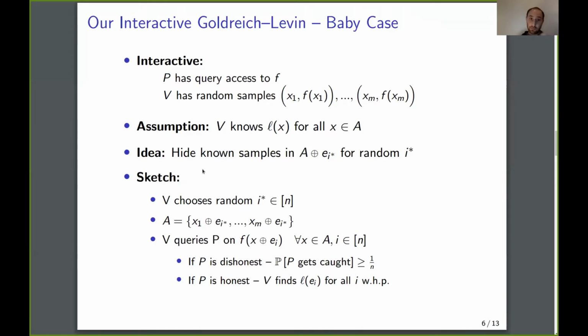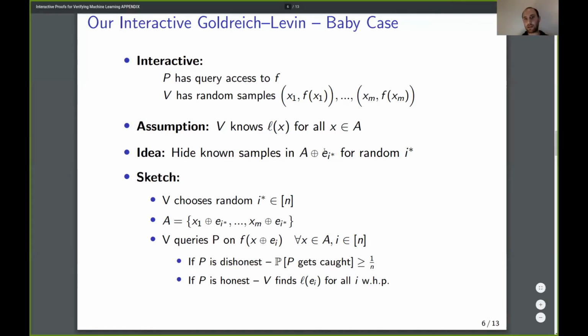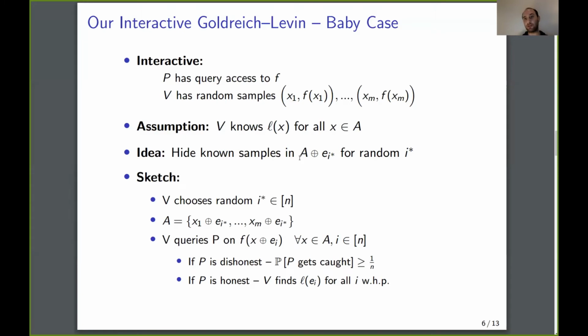Okay, so in order to catch the prover and make sure that it's not cheating, the verifier is going to use its query access in order to get some samples of the form x and f of x for random x's, and it's going to hide those x's inside A plus e_i-star for some randomly chosen i-star. And then if the prover is dishonest, it will get caught because it might give incorrect answers for things that the verifier already knows the answer to, and then the verifier knows that the prover is lying.